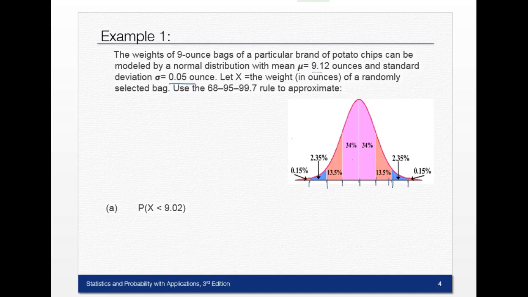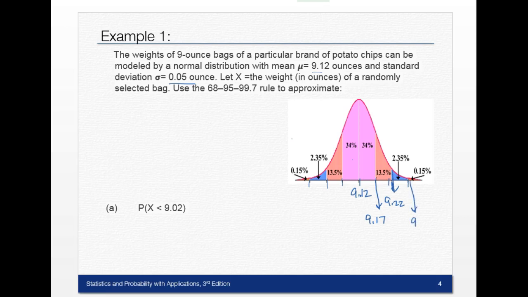So if the mean is 9.12, that goes right in the middle. And then the standard deviation is 0.05. So I'm going to add 0.05 for each boundary I need over here. So this next one would be 9.17. That's one standard deviation out. 2 standard deviations out would be 9.22.